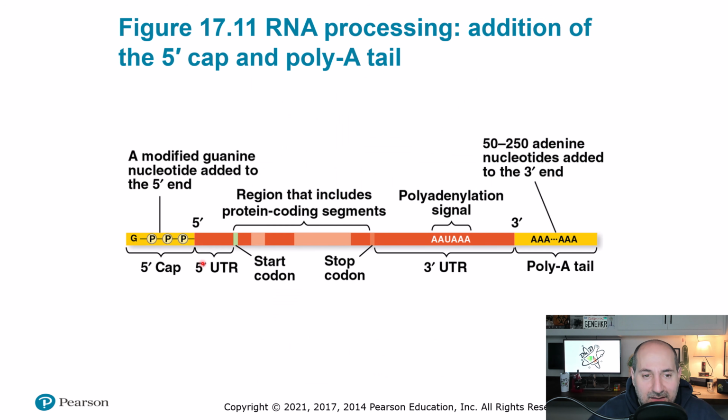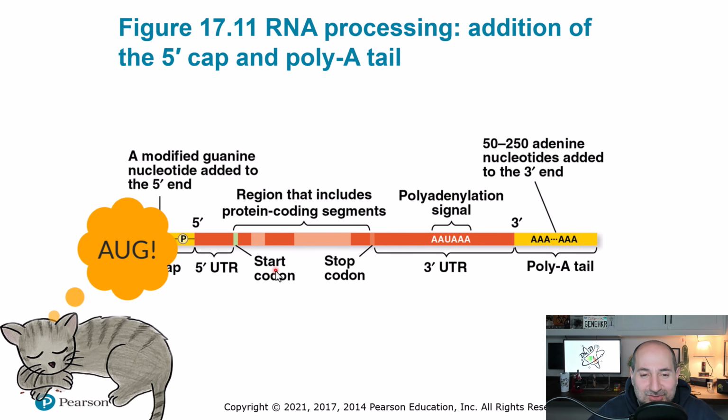Take a look. At the 5' end of the mRNA, there's a region that is not translated, and that is known as the 5' untranslated region, or UTR. This untranslated region is the region before the start codon. Can you beat Wicket? What was the start codon? That's right, as always, Wicket. AUG.